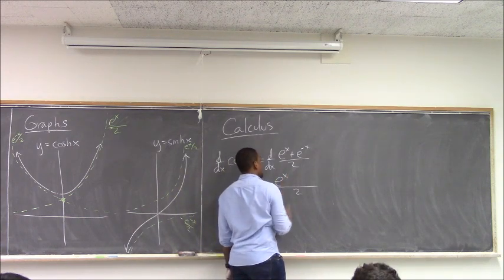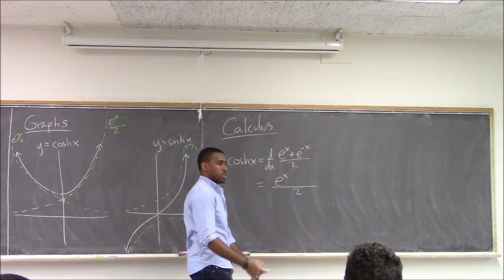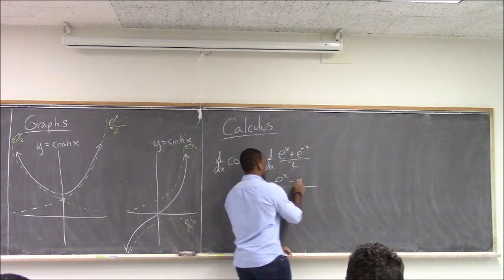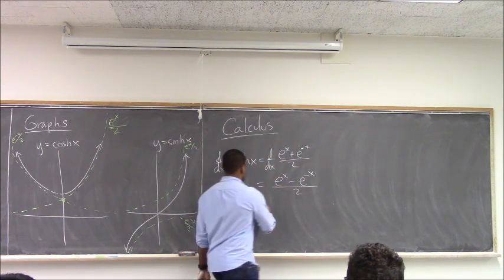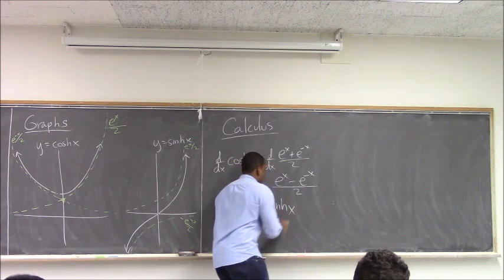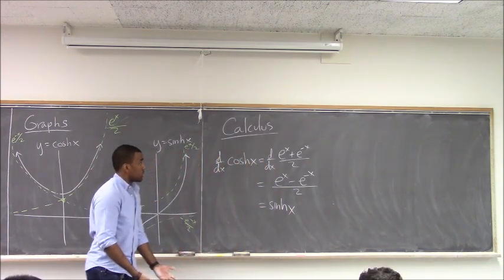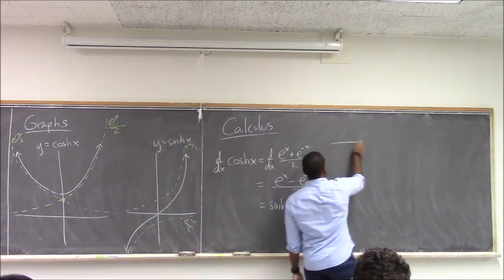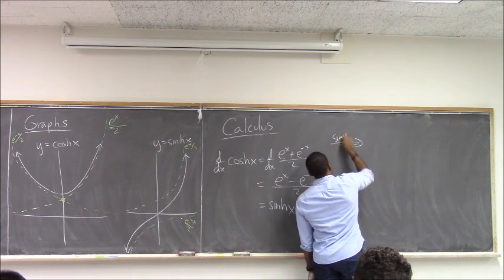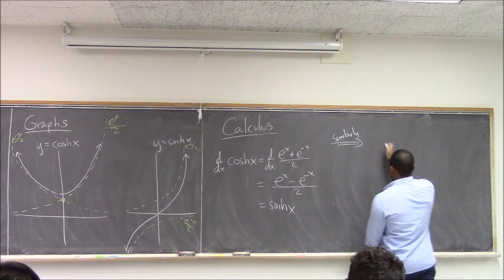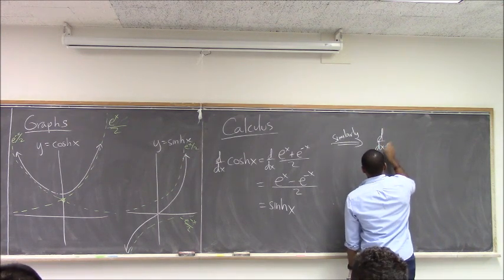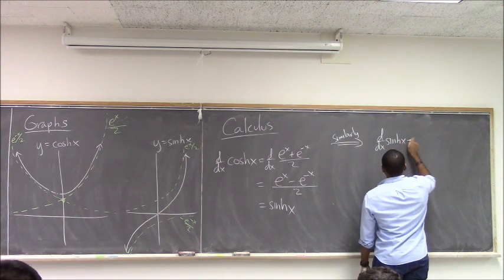Derivative of e to the x is e to the x, derivative of e to the minus x is minus e to the minus x. Okay, what's that? That's sinh. So the derivative of cosh is sinh. In fact, similarly, by just writing things in their exponential form, you can derive a bunch of formulas. Like the derivative of sinh is cosh.